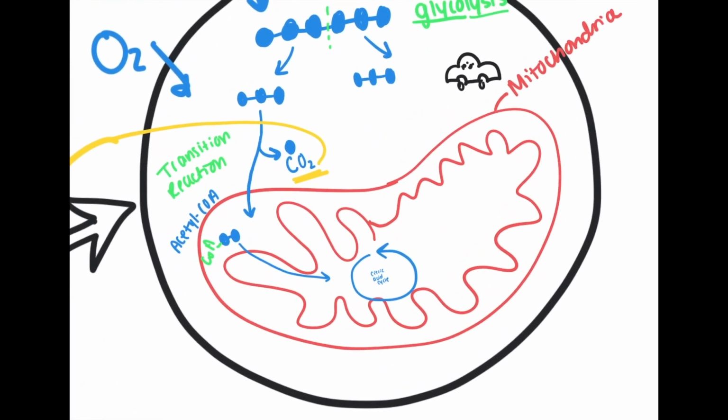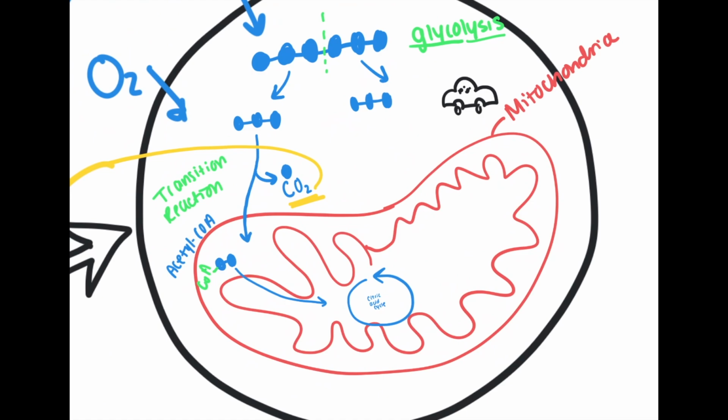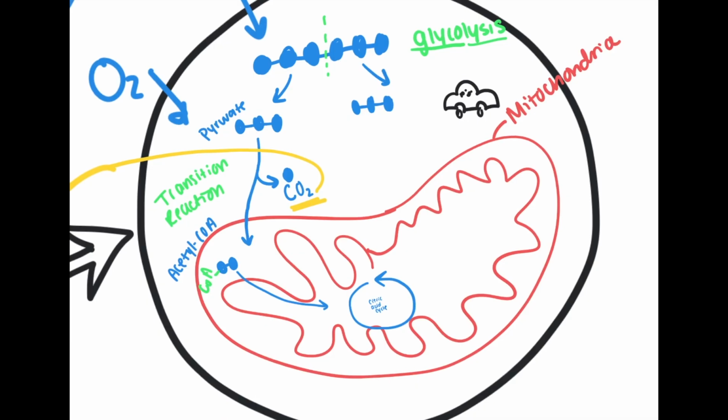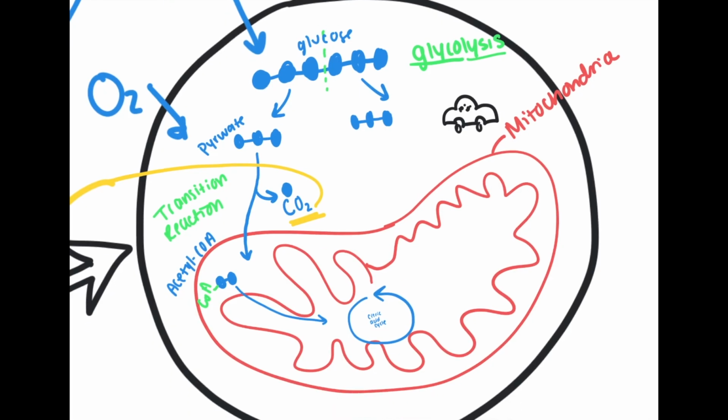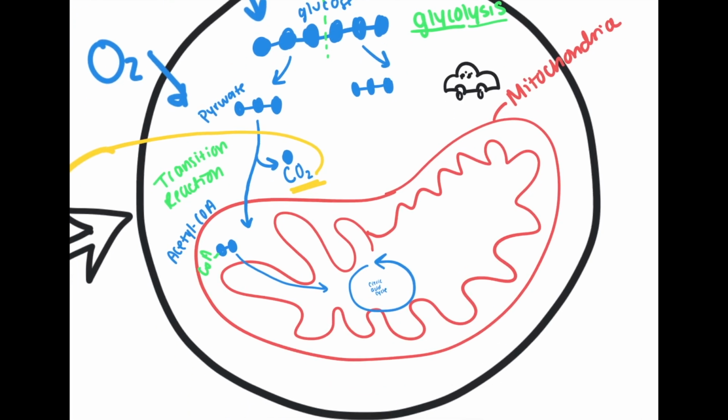Back in our cell, another thing we want to recognize is that what I've just talked about here, going from pyruvate, actually I didn't write its name, let me write that down, pyruvate, our 3-carbon molecule, coming from this glucose. We just learned that pyruvate will get modified into acetyl-CoA and a carbon dioxide.